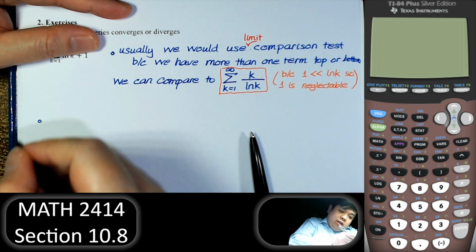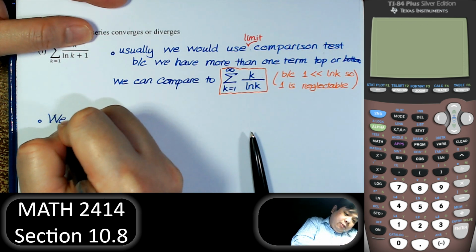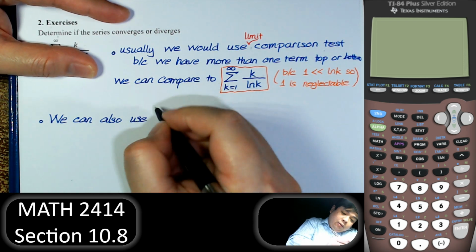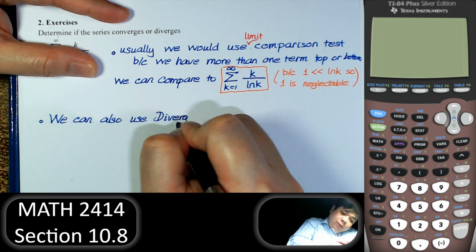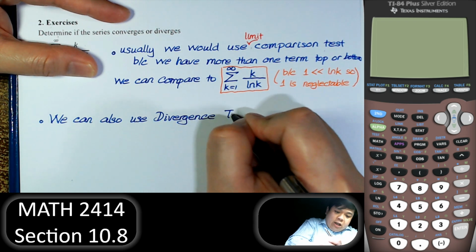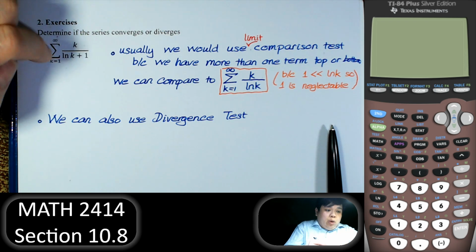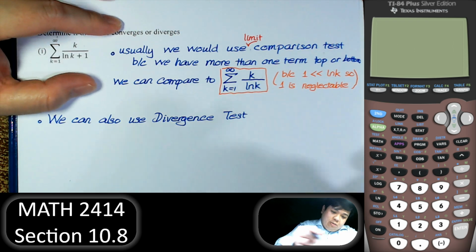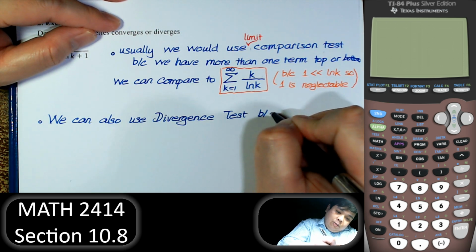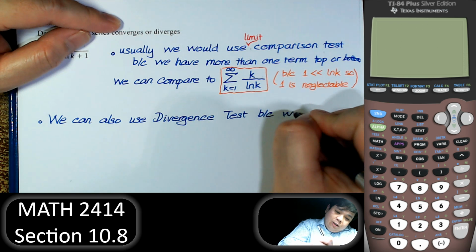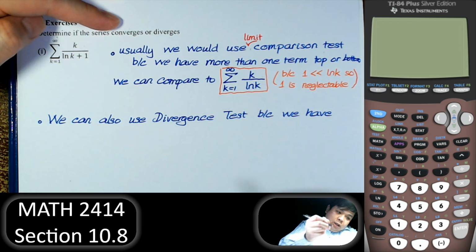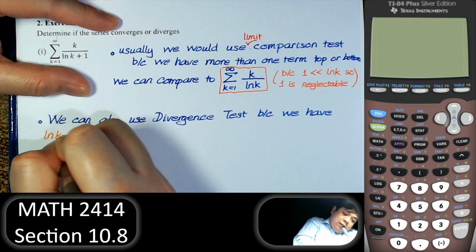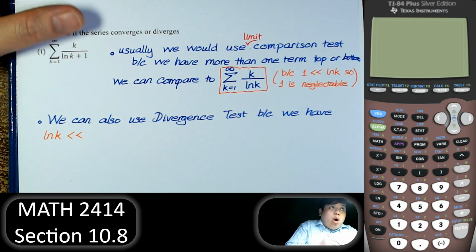Another way to do this, we can also use the divergent test, because on this problem we have a faster term on the top over ln of k, because by the ranking, ln of k is slower to infinity than k.